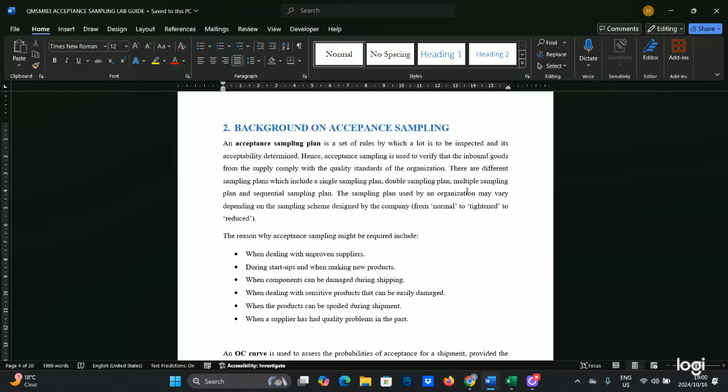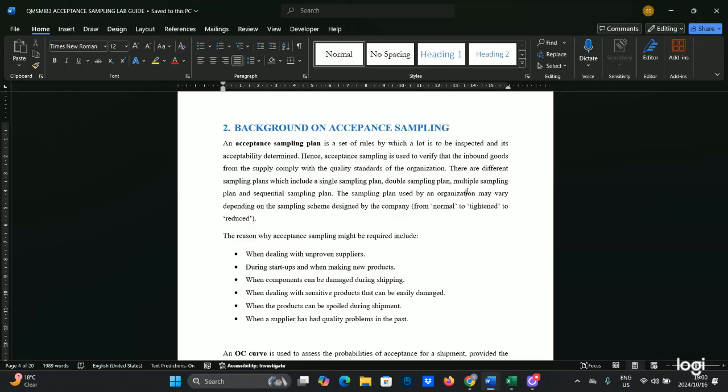So acceptance sampling is conducted whereby from that entire lot, those 12,000 products, which we call a lot, a sample is taken. Then they inspect that sample, and they have what you call an acceptance number. The acceptance number defines the maximum amount of defectives they are willing to take.